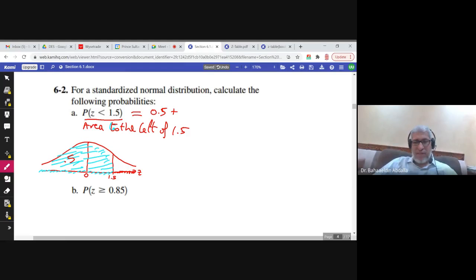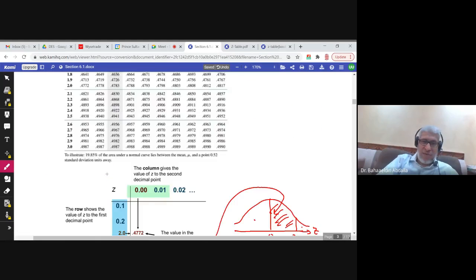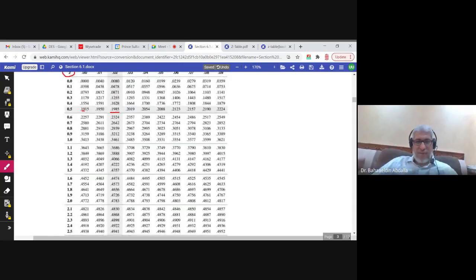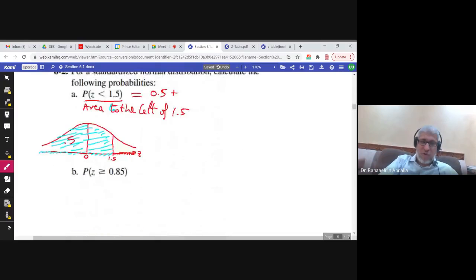How to find it by the table? I look to 1.5. I go to the table, look to 1.5, and the number is 0.4332. So this area is 0.4332. So the area to the left of 1.5 is 0.5 plus 0.4332, which is 0.9332.